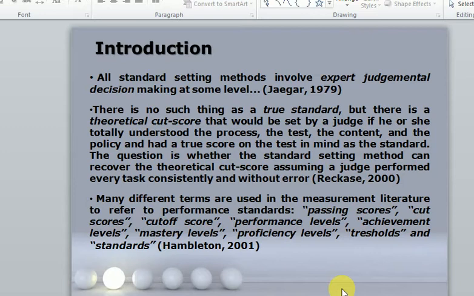Dear students, actually there is no such thing as a true standard, but there is a theoretical cut score that would be set by a judge if he or she totally understood the process, the test, the content, and the policy, and had a true score on the test in mind as the standard.